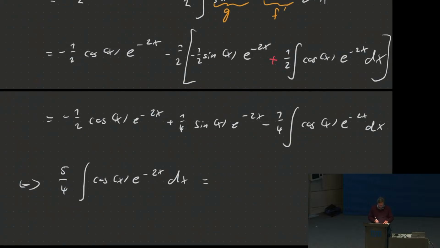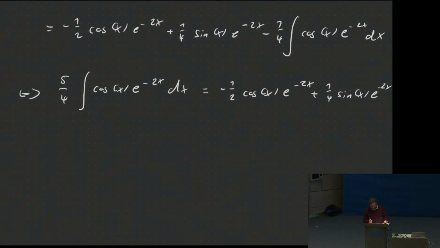And on the right I have, well, minus 1 over 2 cosine of x e to the power of minus 2x plus 1 over 4 sine of x e to the power of minus 2x. Okay, and then I just need to solve that by multiplying with 4 over 5 to get my desired integral.